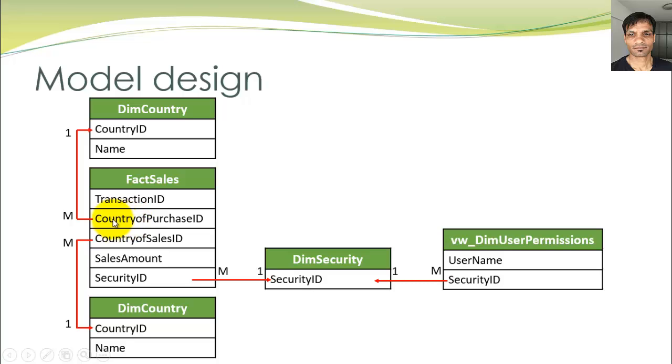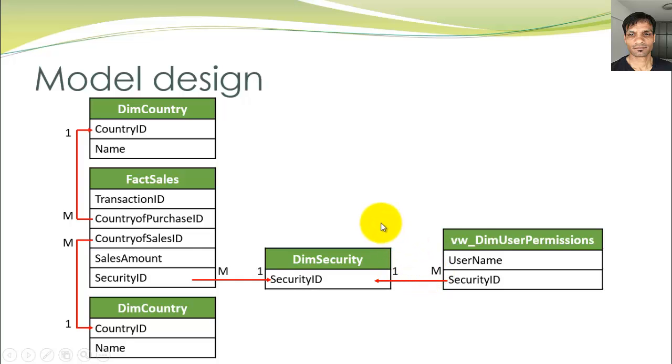First time it has relationship with dim country table using country of purchase ID, and second time it has relationship with dim country table with country of sales ID, and the relationship between fact sales table and dim country table is many to one. Fact sales table also has relationship with dim security table, and the relationship is many to one. Dim security table has relationship with dim user permission view, and the relationship is one to many.